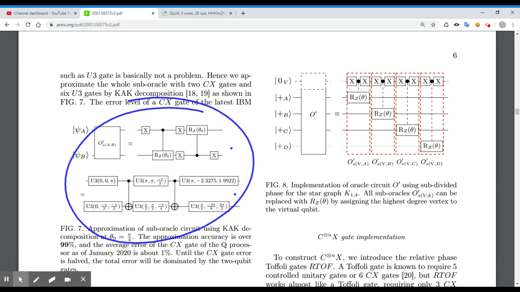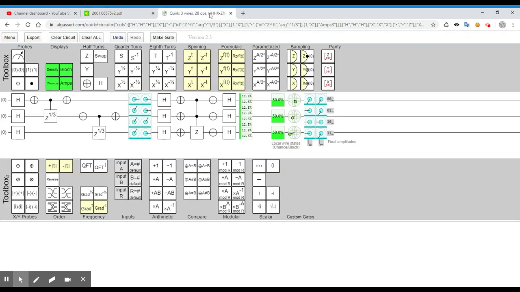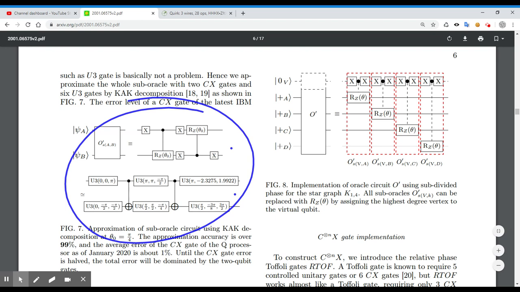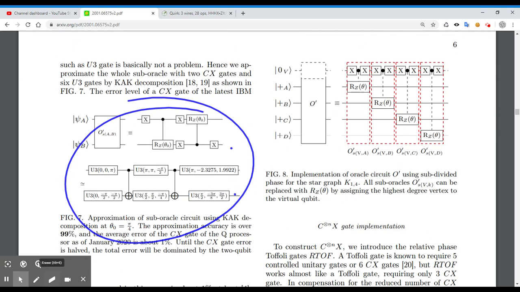Let's take first a look at the upper part. So what is going on here? Is this an RZ gate or is this a Z gate? I keep having problems with that.